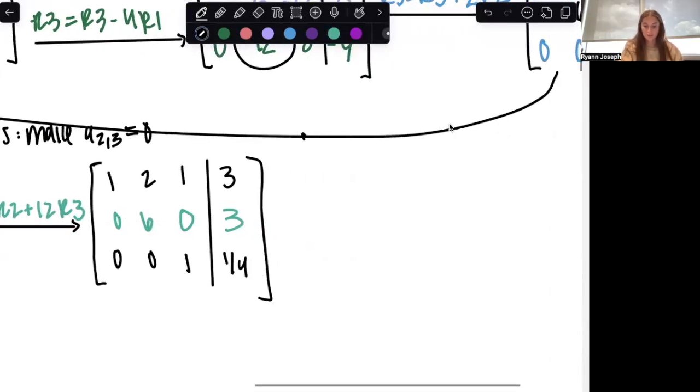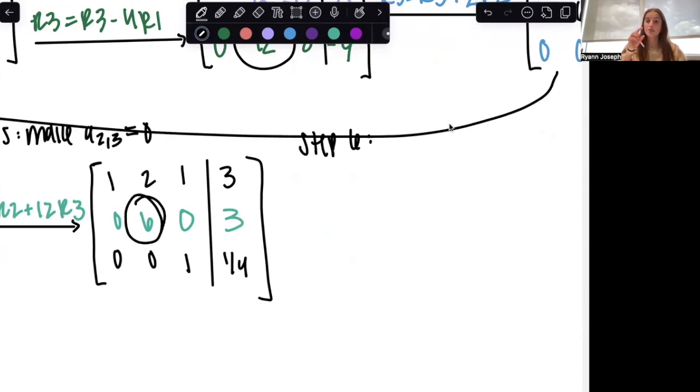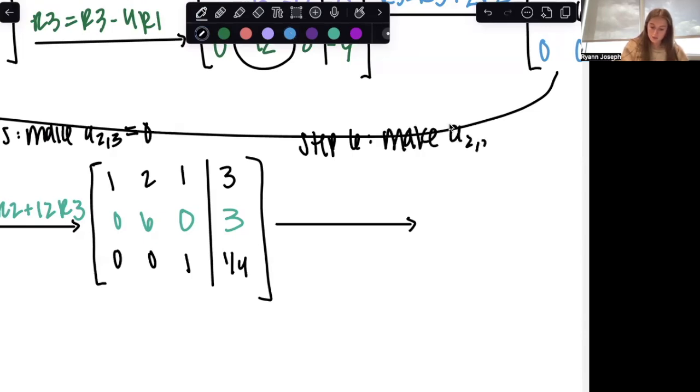The next thing I want to do is make this into a 1. I want this to be a leading 1 in a row, and I want to make everything else around it look good. So this next step, I didn't write this out, step 6, make a 2, 2 equal to 1. So not too bad. Row 2 is just equal to 1/6 times row 2.